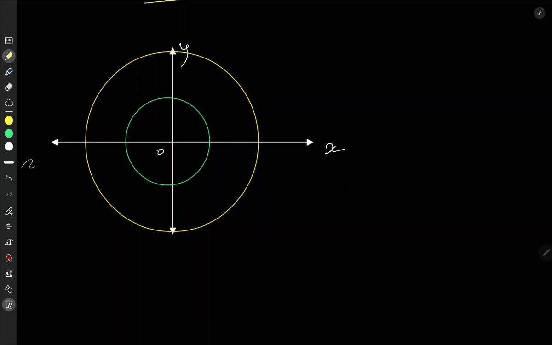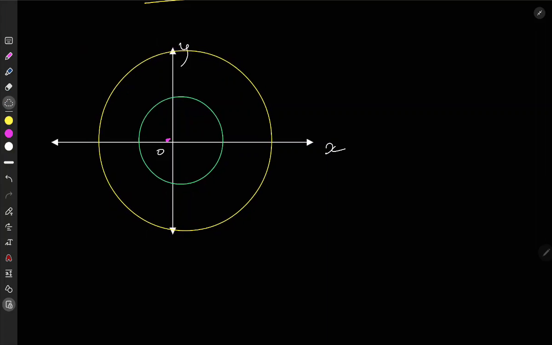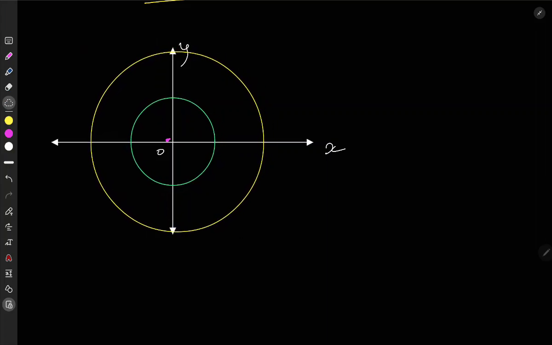These both circles have different radii. Let this be the centers of both the circles, which is just beside the origin, or let us shift them to the origin for better understanding. Now we can assume that the origin is the center.